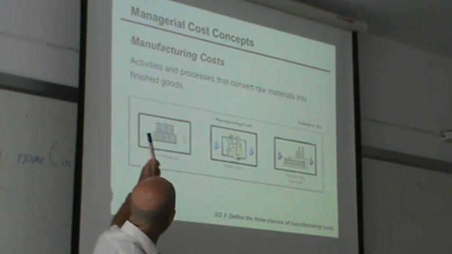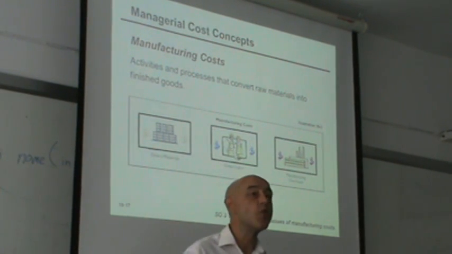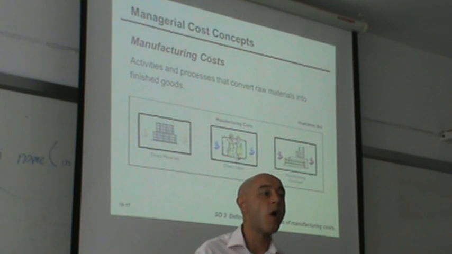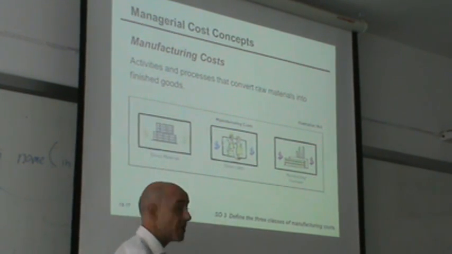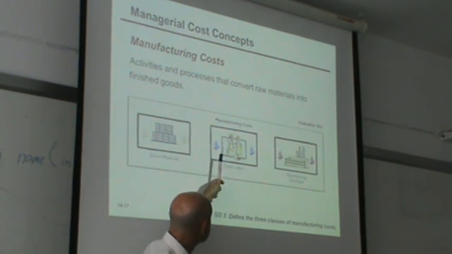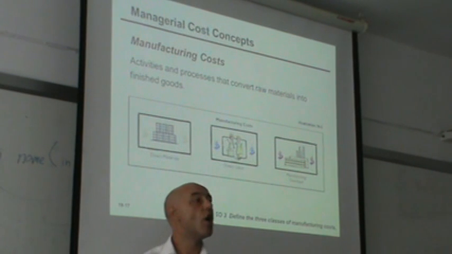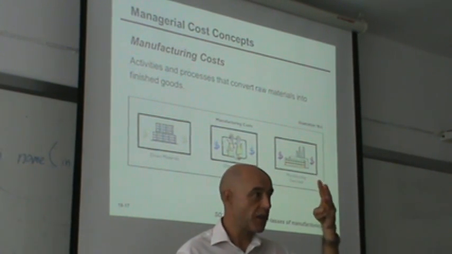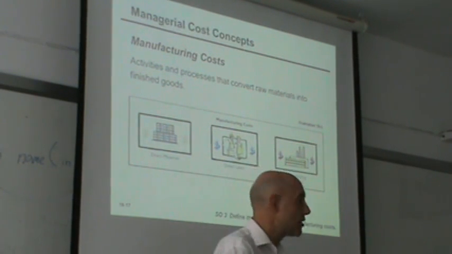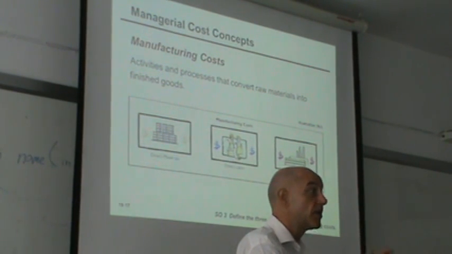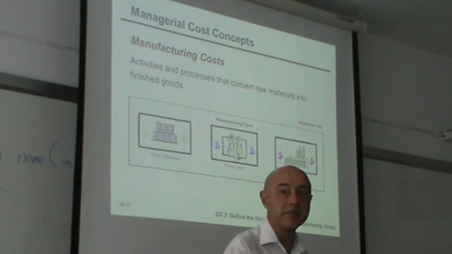Now, all of these manufacturing costs, we divide them all into three groups. There is direct materials, there is direct labor, and there is manufacturing overhead. So these are the three ones. So anytime you have any kind of cost, you always have to answer, is it direct material, is it direct labor, or is it manufacturing overhead?